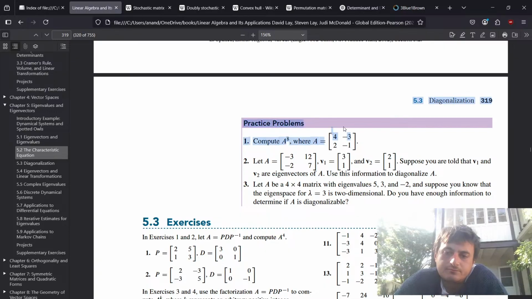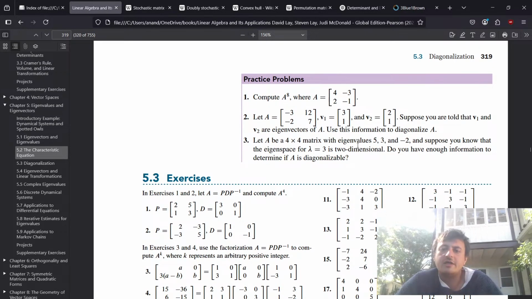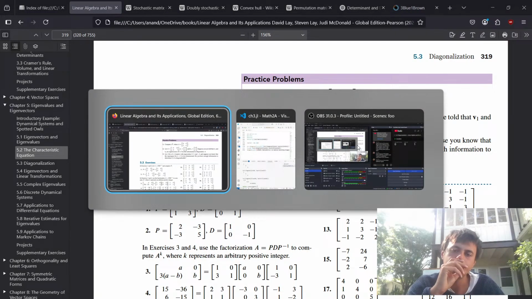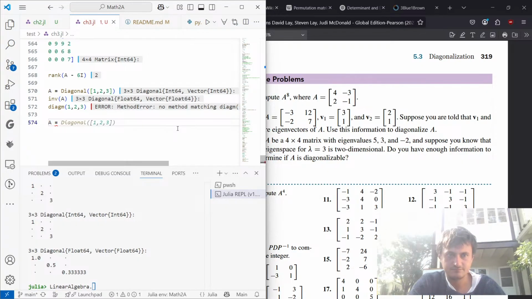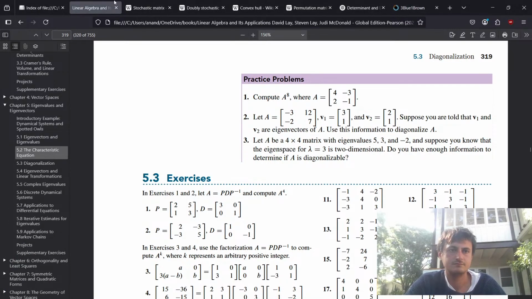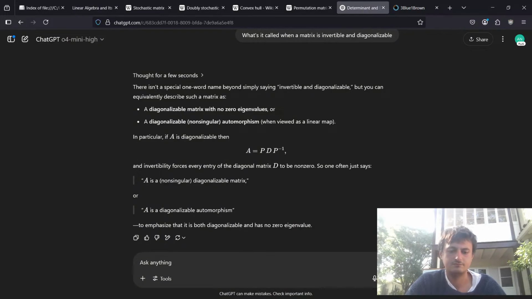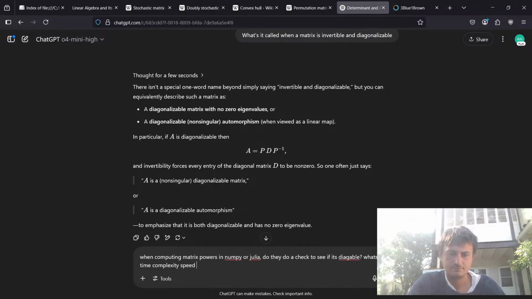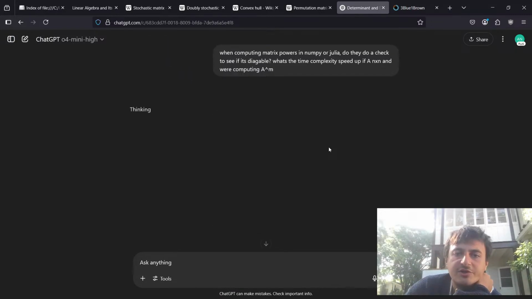We could just multiply, but I don't really want to. I'm curious to see how much faster diagonalizing is.